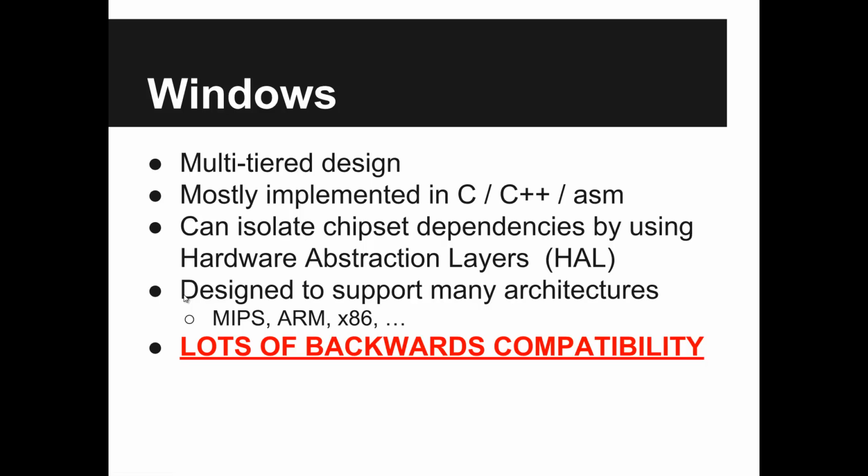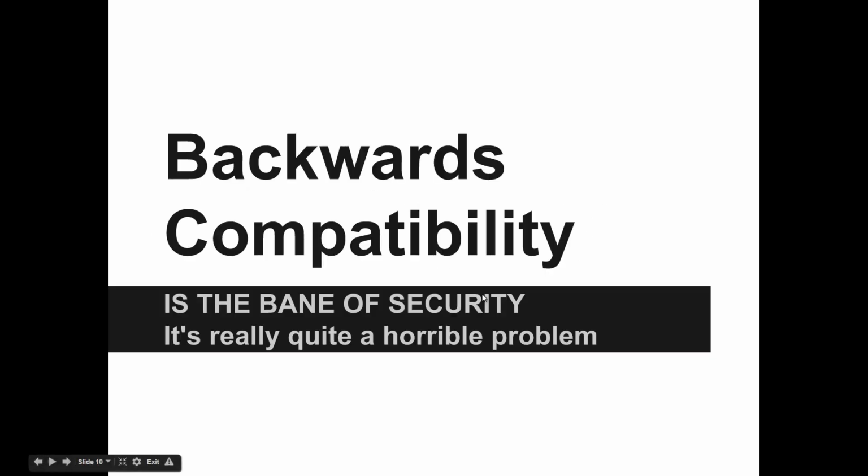But as a security note, from each Windows version to the next, there's typically a large amount of backwards compatibility. Historically, many vulnerabilities have been inherited from one OS version to another, and backwards compatibility in general is regarded as the bane of security.